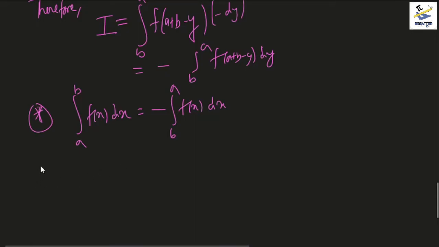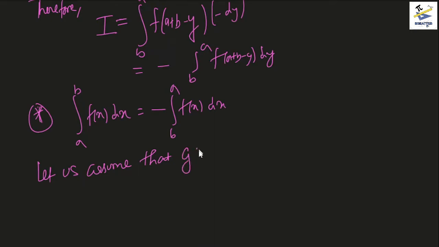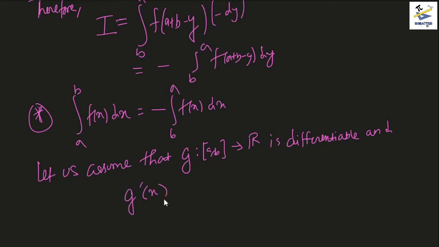you can see that, let us assume that g is differentiable and g dash x equals f of x for all x belonging to a comma b, right?